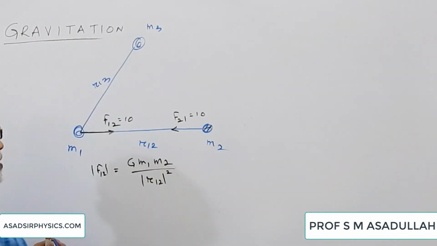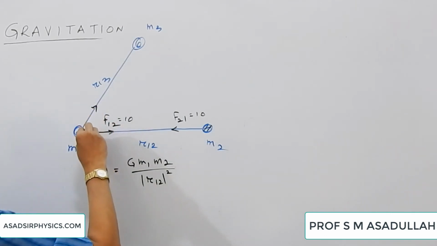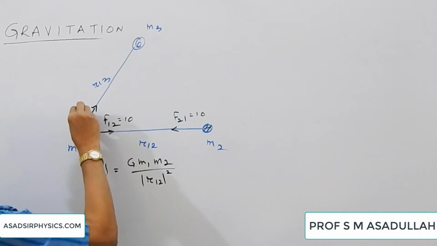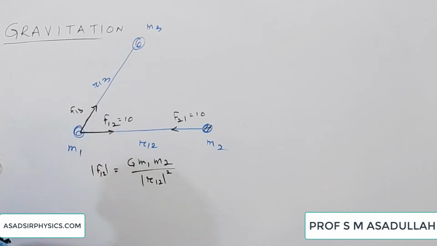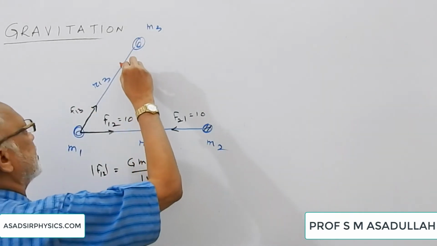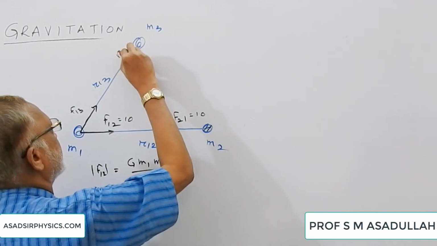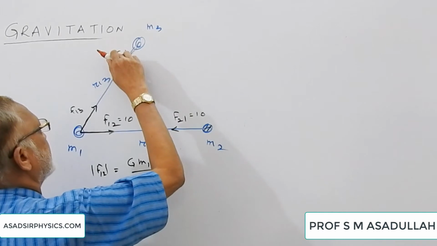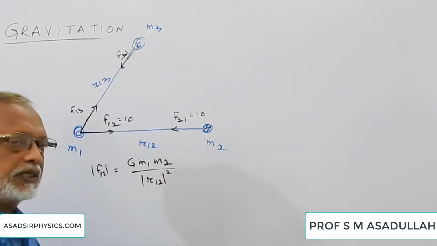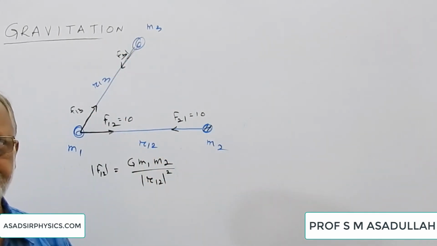r13. Due to m3, there will be an additional force on m1 given as F13, and there will be a force on m3 given as F31. This F13 and F31 will have equal magnitudes.